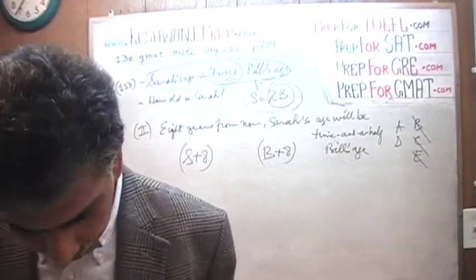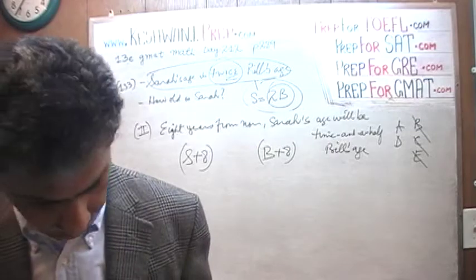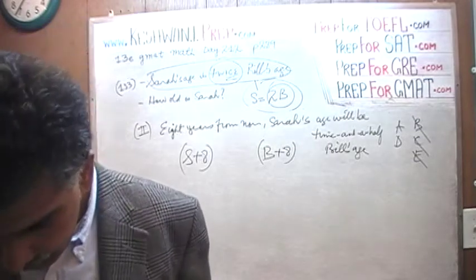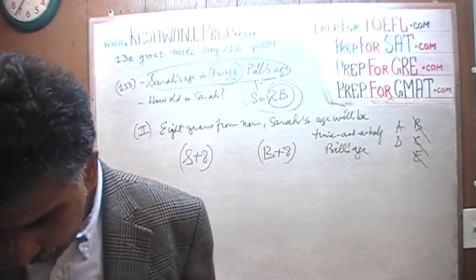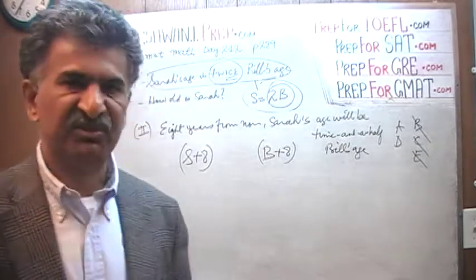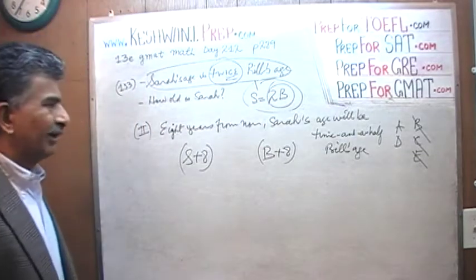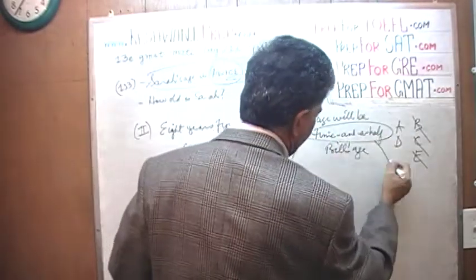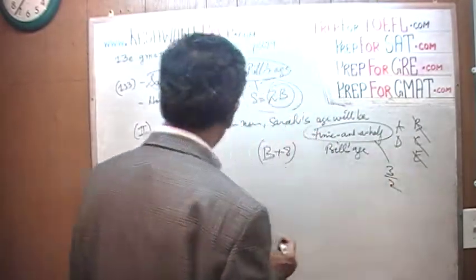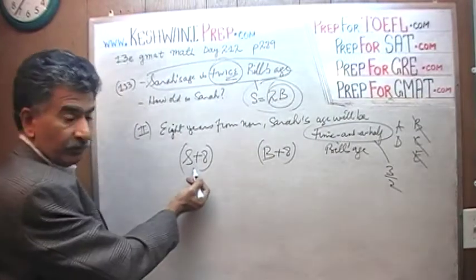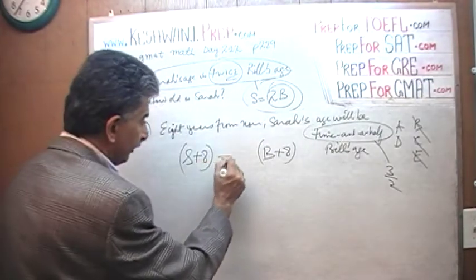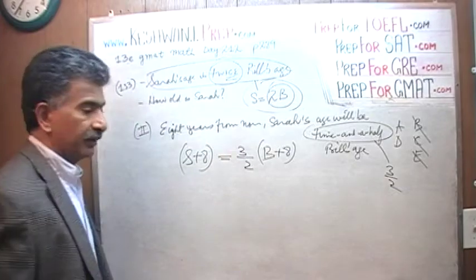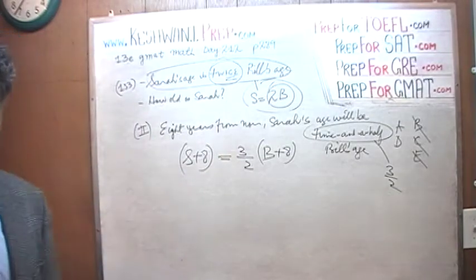Let's see how they actually phrase it, because sometimes I paraphrase the whole thing. This was number 153. 8 years from now, Sarah will be exactly 1.5 times, which is so awkward to say. 1.5 times, or rather time and a half, is 3 over 2. So 8 years from now, Sarah's age is going to be this amount, and we are told that this is equal to time and a half of Bill's age. Very good, that's our second equation again.